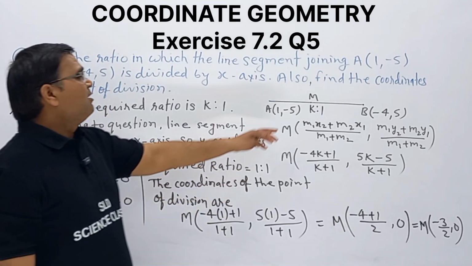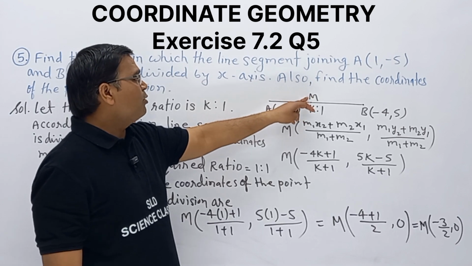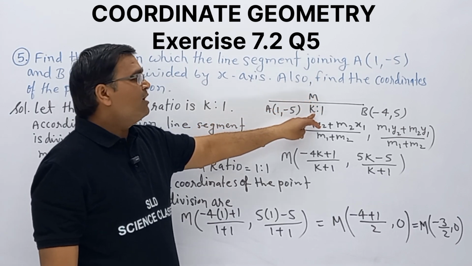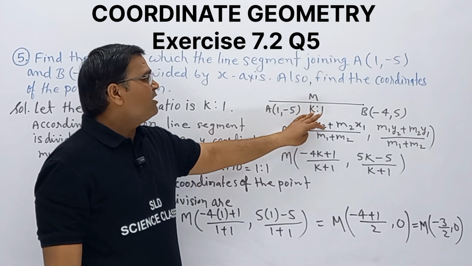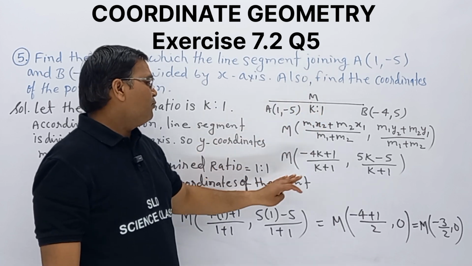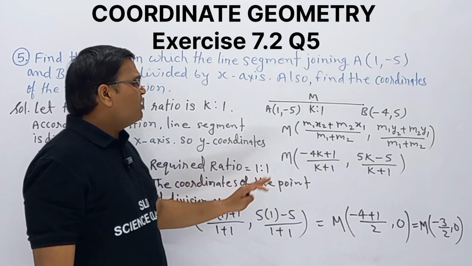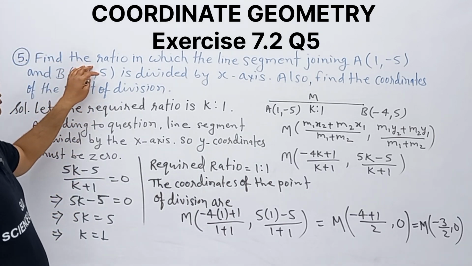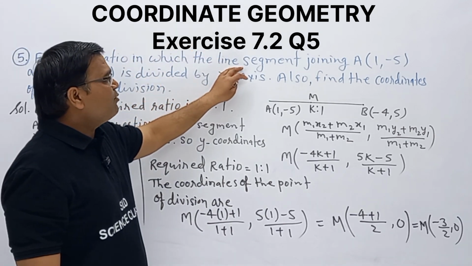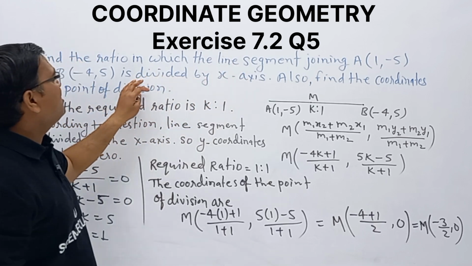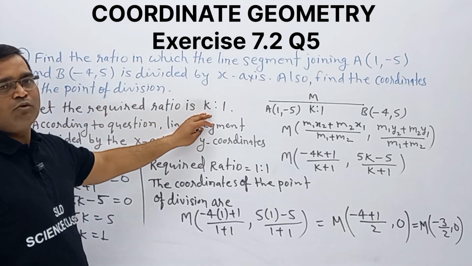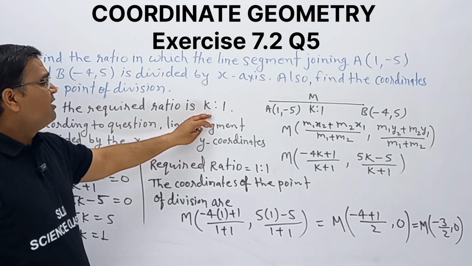We assumed the point of division is M, dividing in the ratio k is to 1, and we obtained k equal to 1. Observe again what we did: we require the ratio. We have one line segment, divided by the x-axis, so we assumed the ratio is k is to 1.